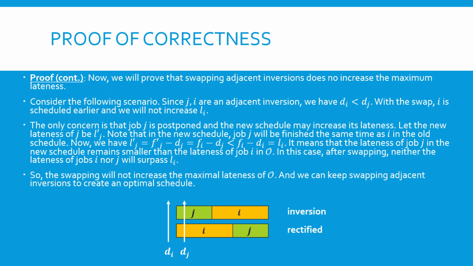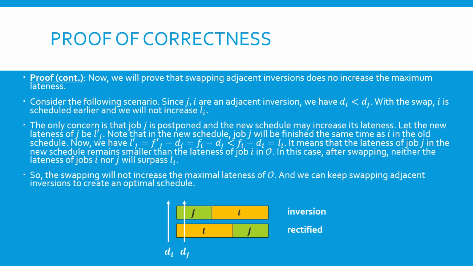Its new lateness, L'_j, equals f'_j minus d_j, which equals f_i minus d_j. Since d_i is less than or equal to d_j, job j's lateness, f_i minus d_j, is less than or equal to f_i minus d_i, which is exactly job i's lateness before the swap.